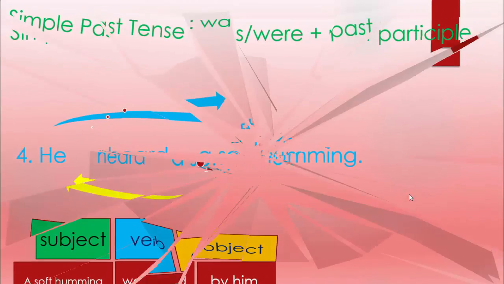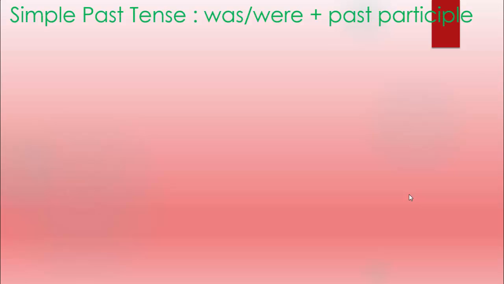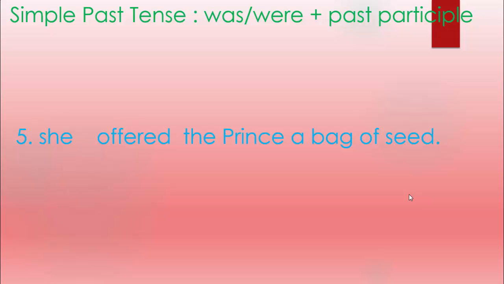So friends, let me tell you another example of simple past tense. Here is the sentence. She offered the prince a bag of seed. So which is the subject? She is the subject. Which is the verb?